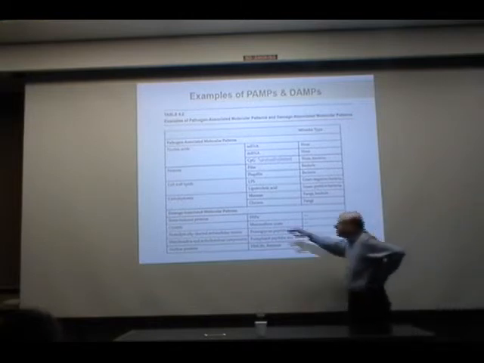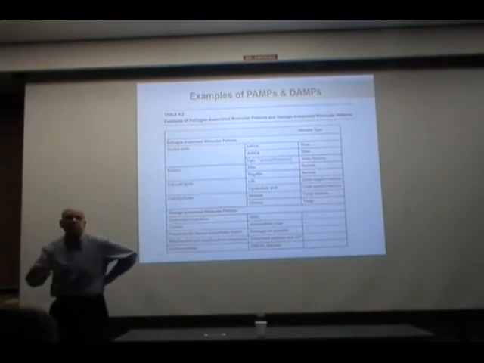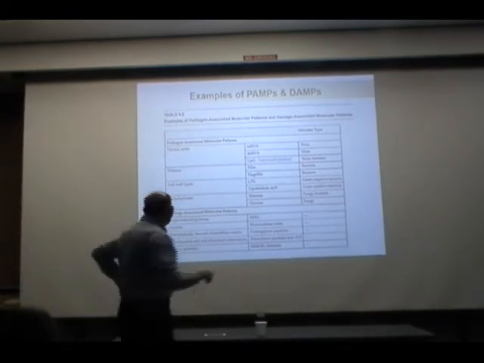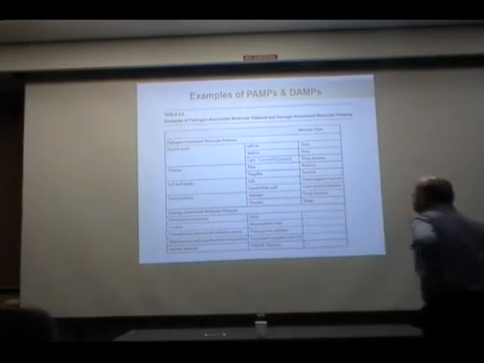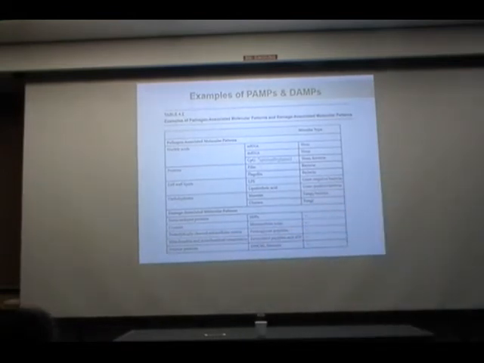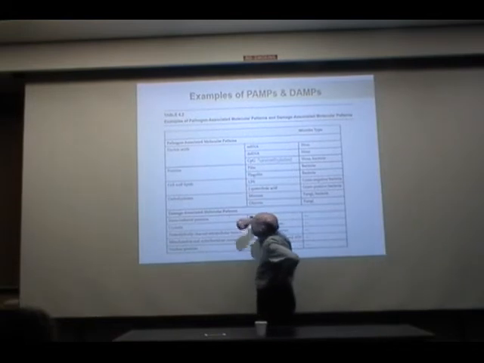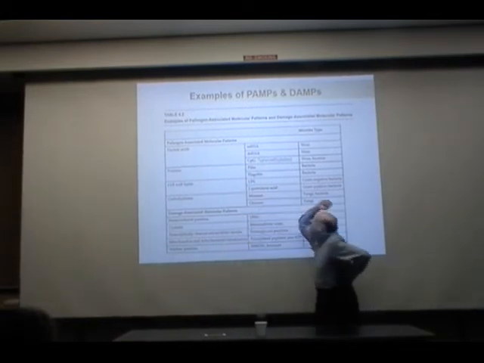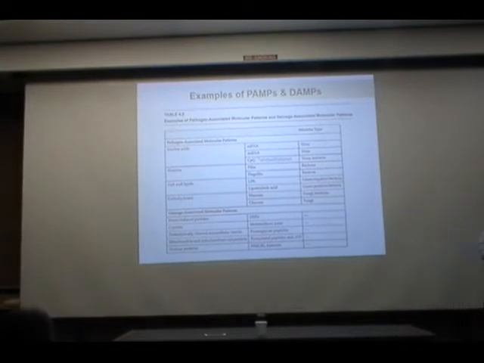So bacteria have cell walls, we don't, therefore we have pattern recognition receptors for cell wall. Bacteria have flagella. Therefore we have a pattern recognition receptor for flagella. It ends up that the DNA sequence CG in humans is methylated.